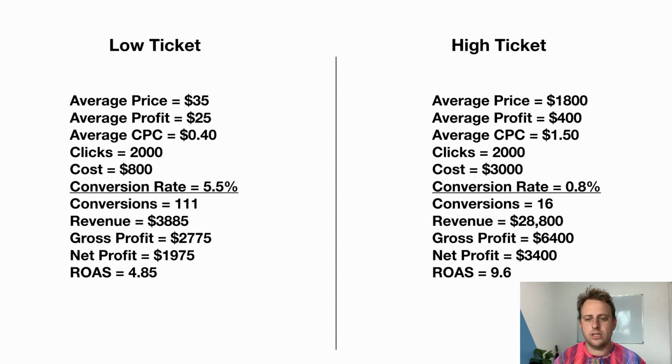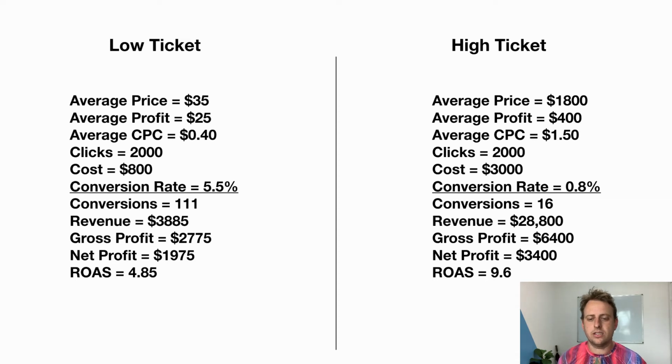So in our low ticket example, we've got an average price of $35. Now you work your way down through there, and you see a lot of things. The low ticket has a pretty high profit margin: you're making $25 profit off a $35 sale, whereas with the higher ticket one, you're making $400 off an $1,800 sale.